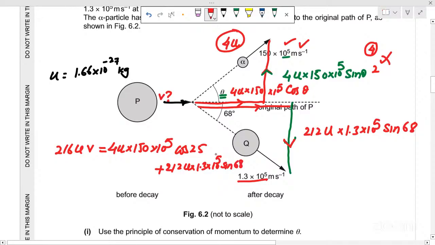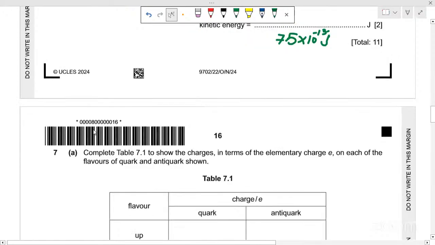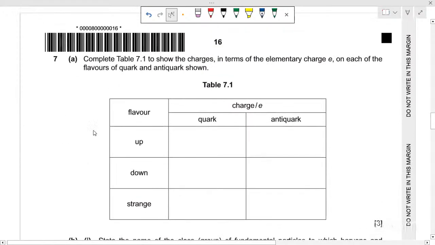This equation will give you the value of V. That was not mentioned in the paper, but you should find it. You should think beyond the paper.